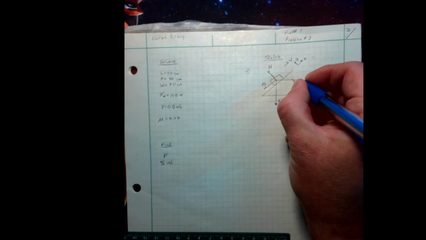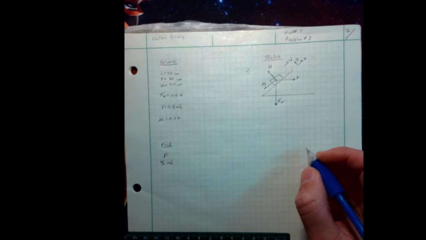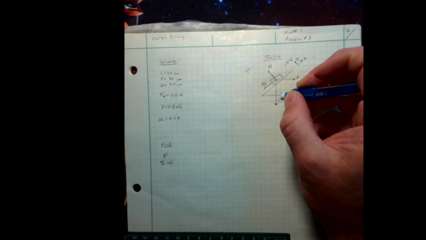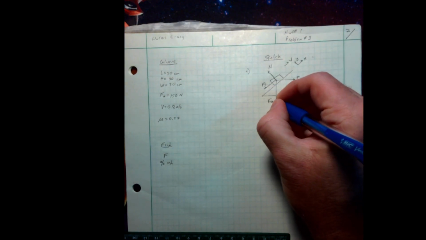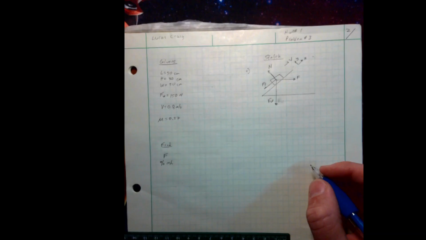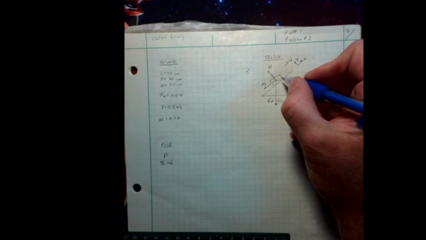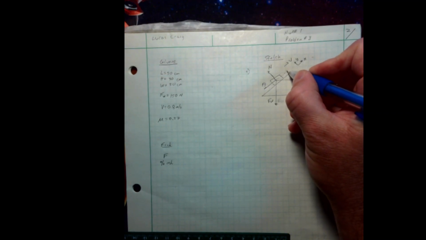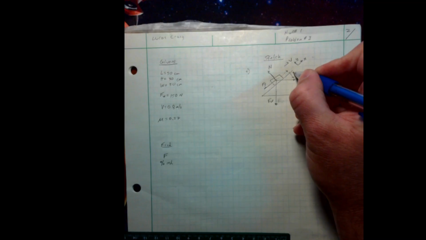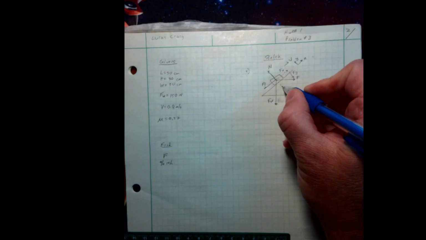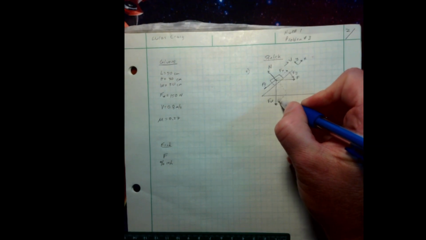And then we have F. Okay, I'm actually going to move this. Call this FW, because we're going to break this up into Fy and Fx, into components.